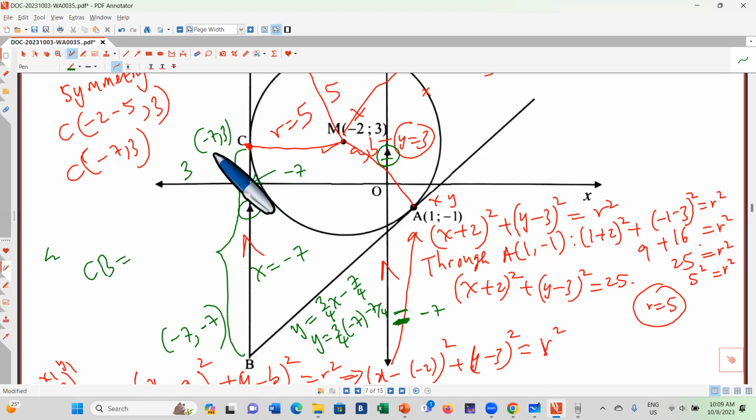From here to there, it's going to be 3 units, because y is 3. y is always 0 on the x-axis, but you go up to C and then y is 3. And from the x-axis down to B, y is -7. So it means that CB is 3 plus 7 units, which means CB is the same as 10 units.